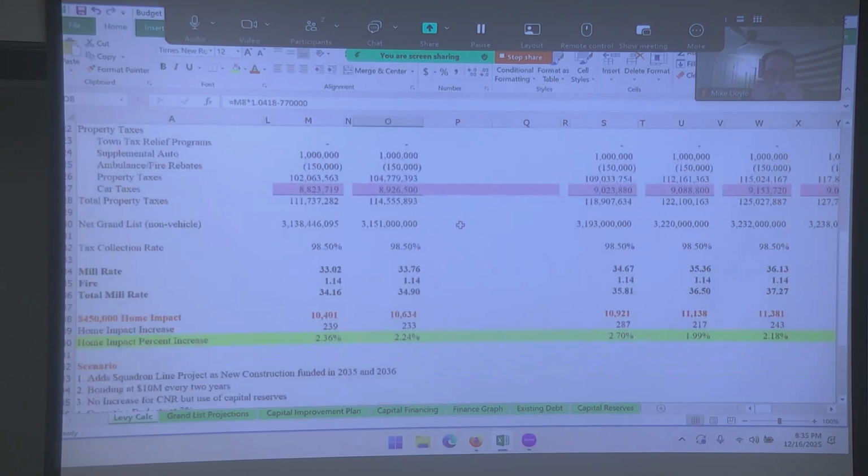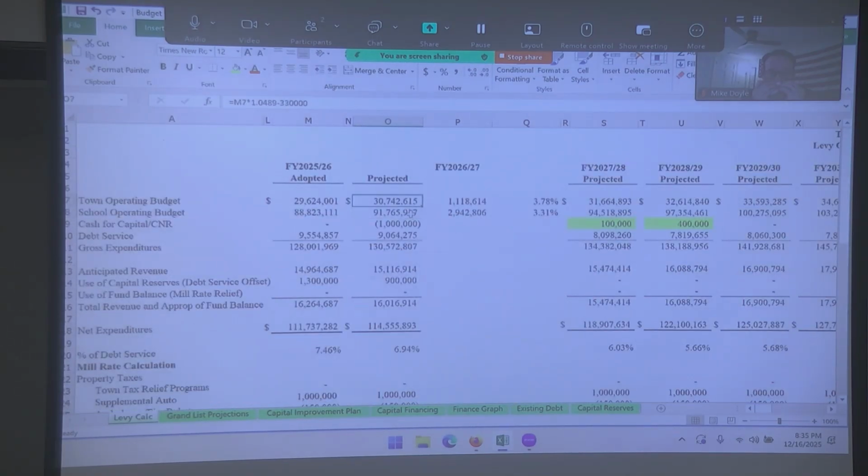Wait, how much are they reducing? 330,000 for the town and 770,000 for the board. 70% of $1,100,000. Right. But does the Board of Ed take on the proportion of the OPEB increase? Do they get the benefit of that as well? Well, down the line, yes. Okay, in that case, they should take it.